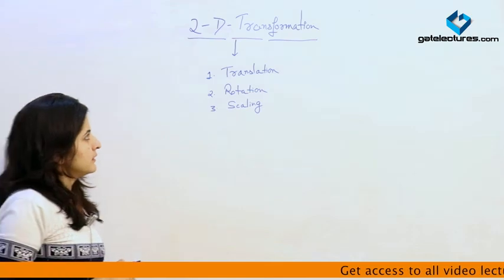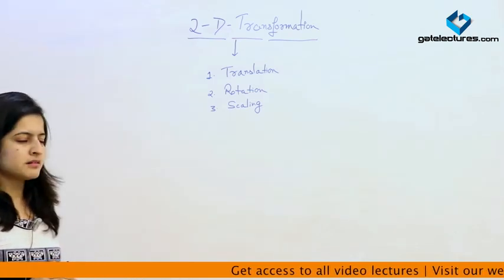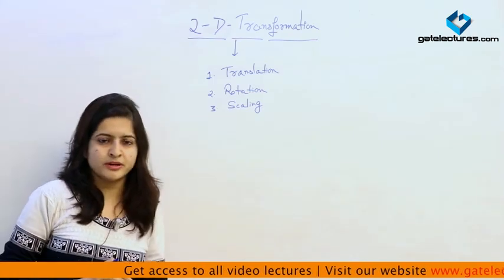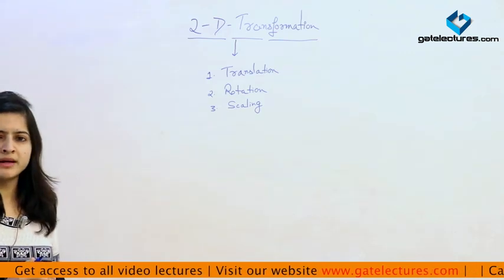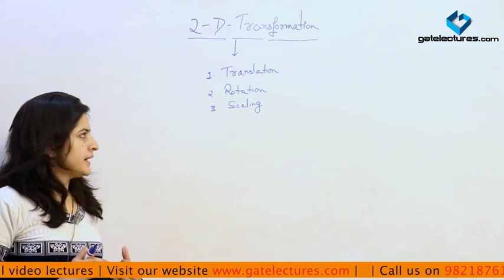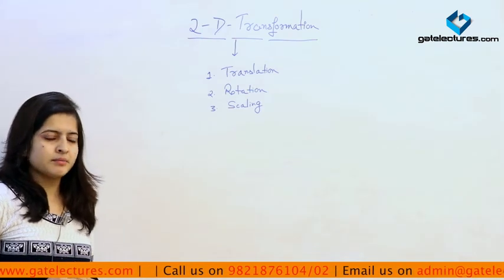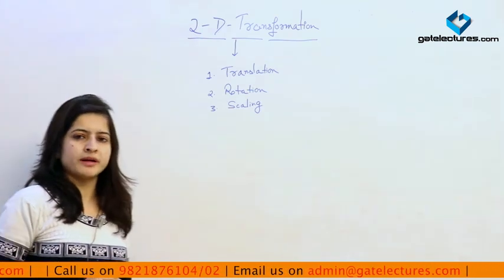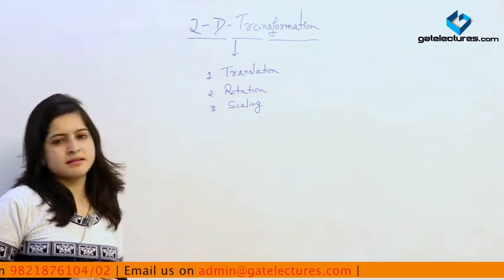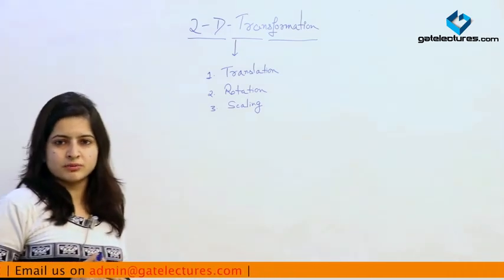So the first 2D transformation is translation. Translation means to change the location of an object. Rotation means to rotate the object. It can be rotated on the basis of its origin, or it can be another point about which we have to rotate the object. Third is scaling, scaling is to change the size of the object.